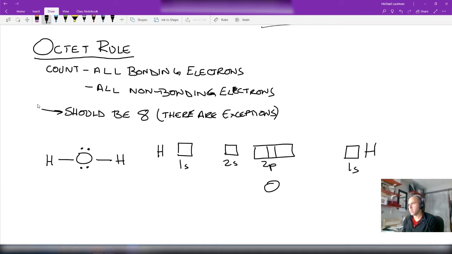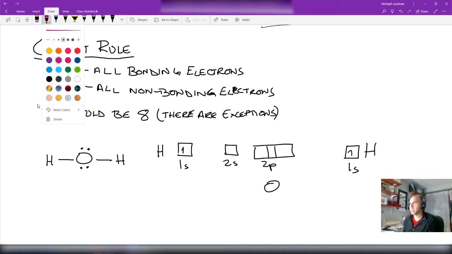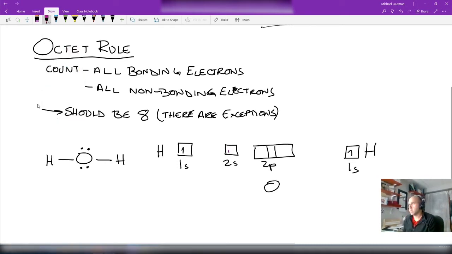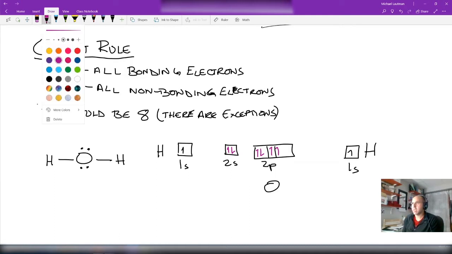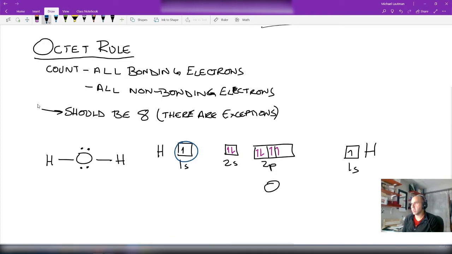Each hydrogen has 1 electron, and then the oxygen has its own, like that. So we see it's got 2 lone pairs and then 2 spots for bonding. What happens is this electron here will go within here and get shared, and then this one will share into here.